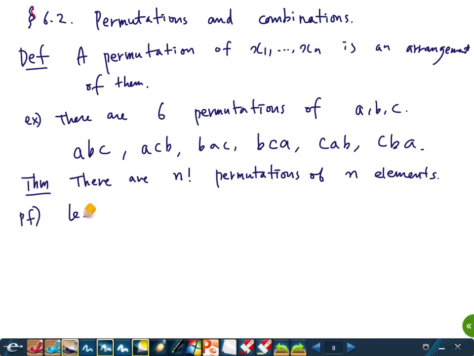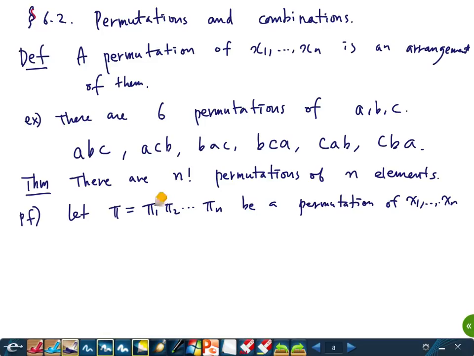So just consider how we can construct a permutation out of n elements. Let's say pi, which is pi 1, pi 2, and so on, be a permutation of n elements, say x1 dot dot dot xn. How can we construct such a permutation?